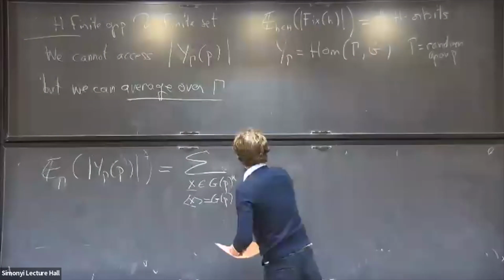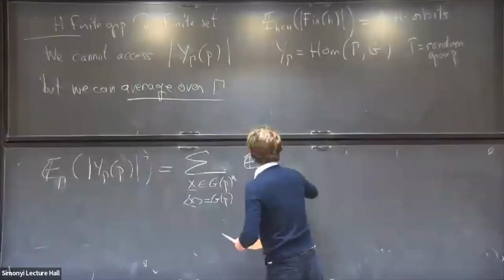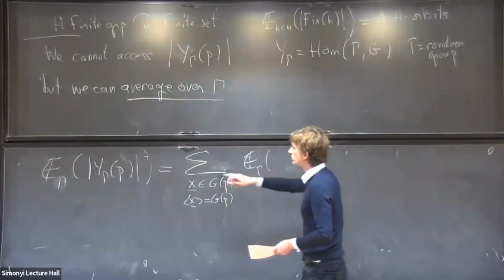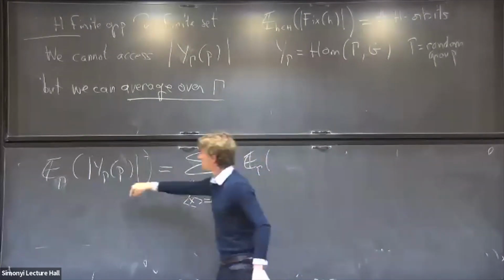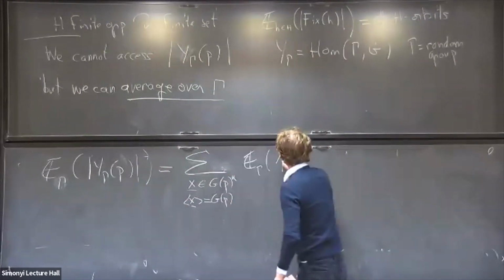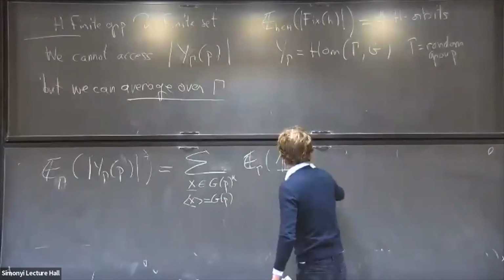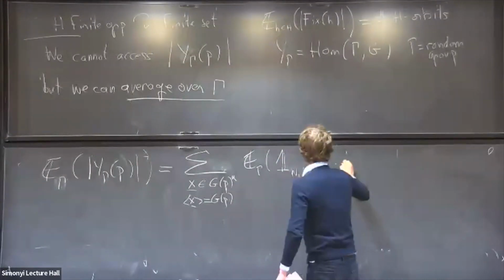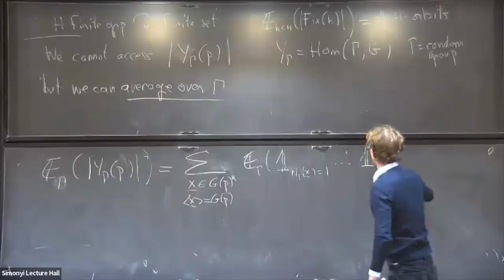And here I have the expectation over gamma of those tuples that actually belong to the variety. So that's the indicator function of W1, the indicator function of WR.